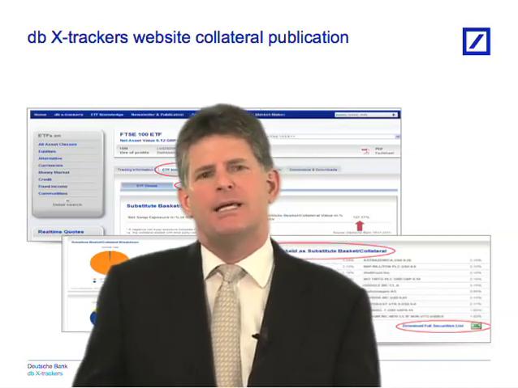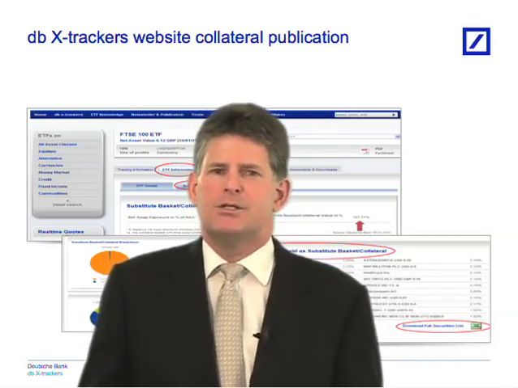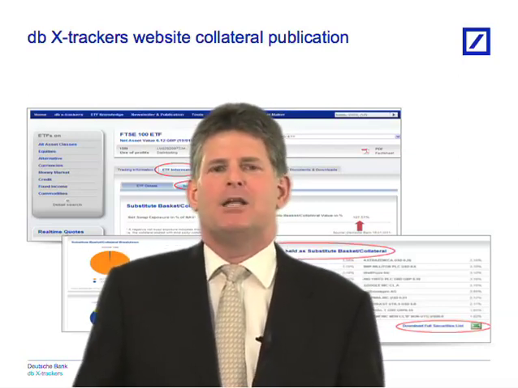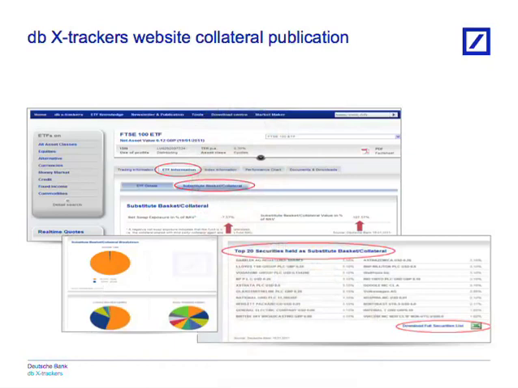But don't expect to see the full replication of the index that you're replicating being held in a collateral basket. Collateral is simply collateral. In this particular example, around 30% of the collateral supporting this ETF, the FTSE 100, is made up of UK stocks. The balance are other international equities.